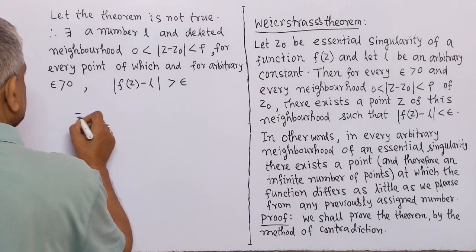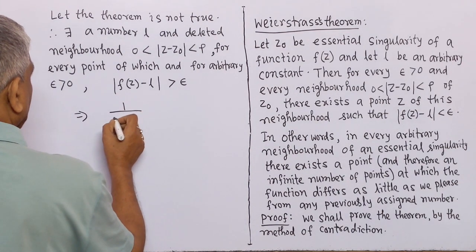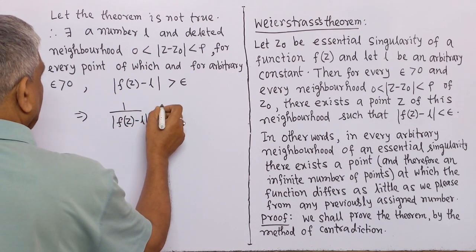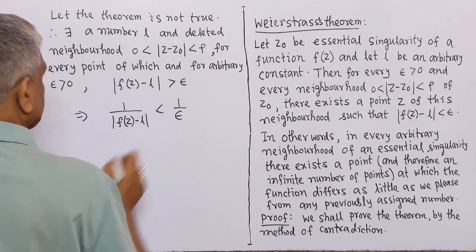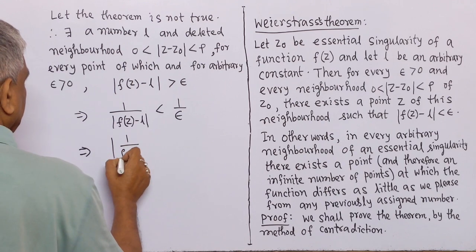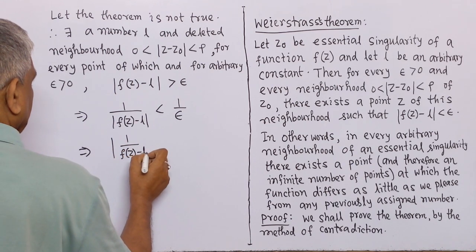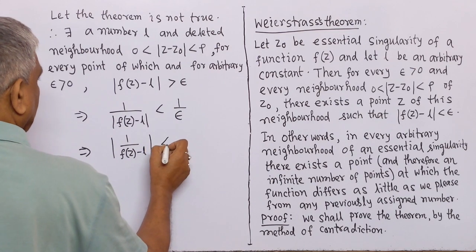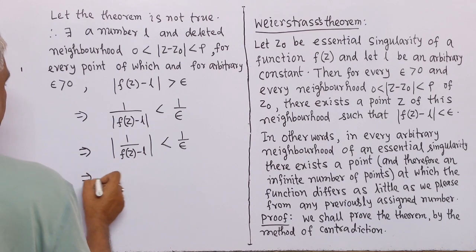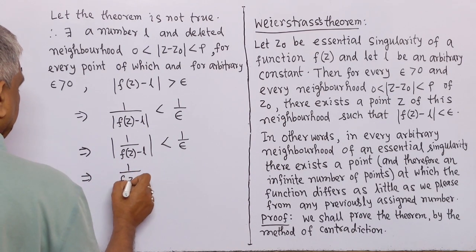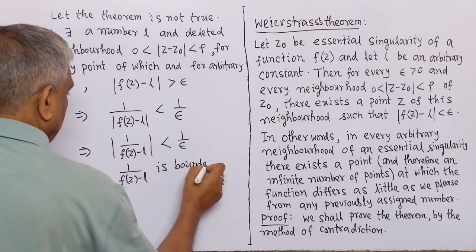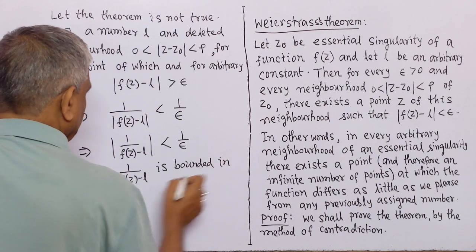Implies that 1 by modulus of f(z) minus L less than 1 by epsilon implies that modulus of 1 by (f(z) minus L) less than 1 by epsilon implies that 1 by (f(z) minus L) is bounded in this neighborhood.